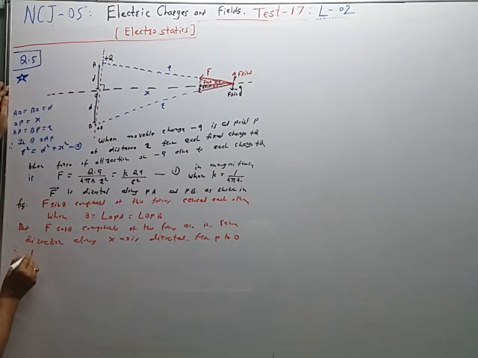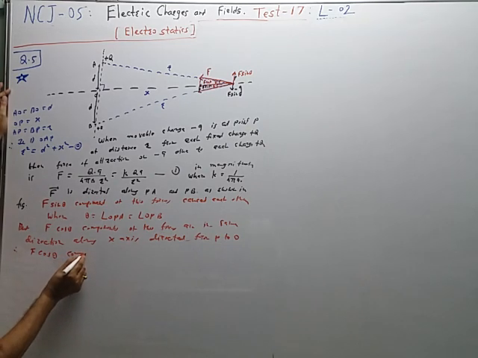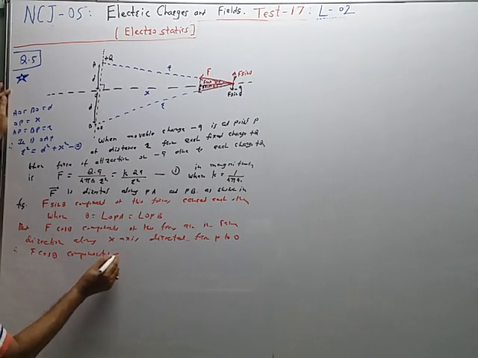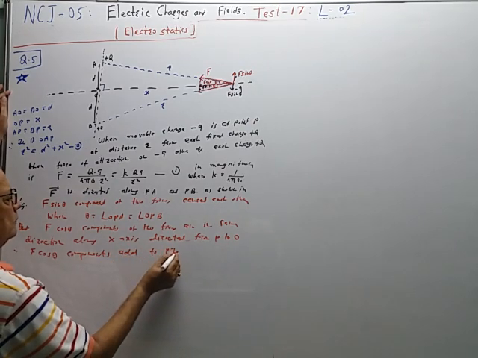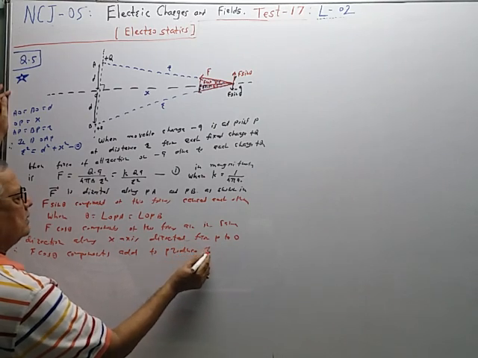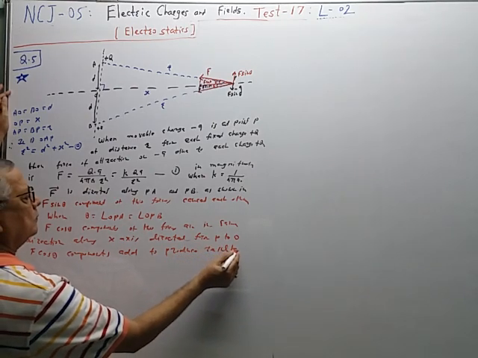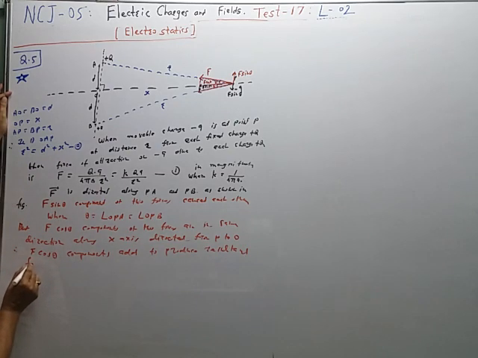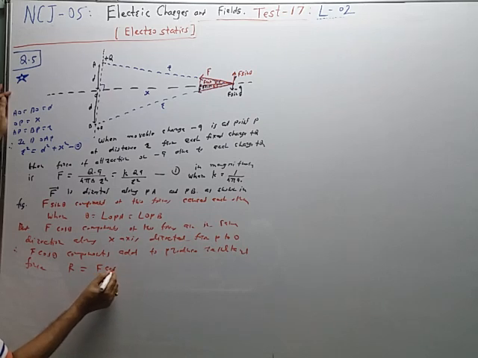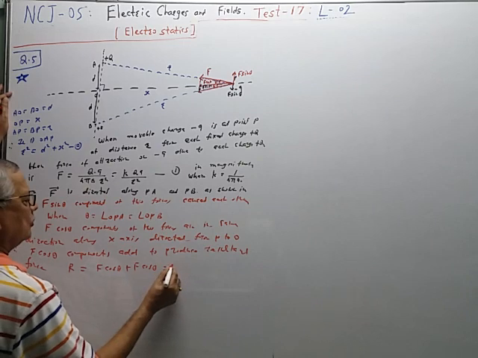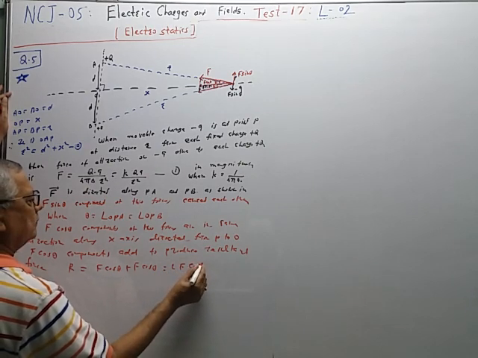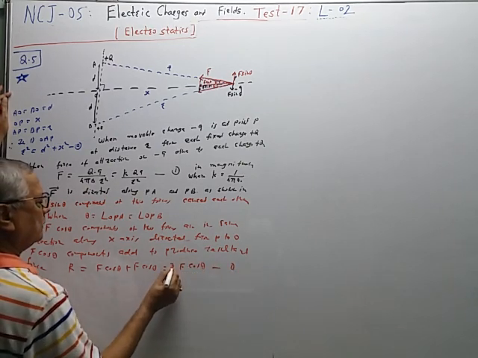Therefore, the F cos theta components add to produce a resultant force R equal to F cos theta plus F cos theta is equal to 2F cos theta. So this is equation 1.